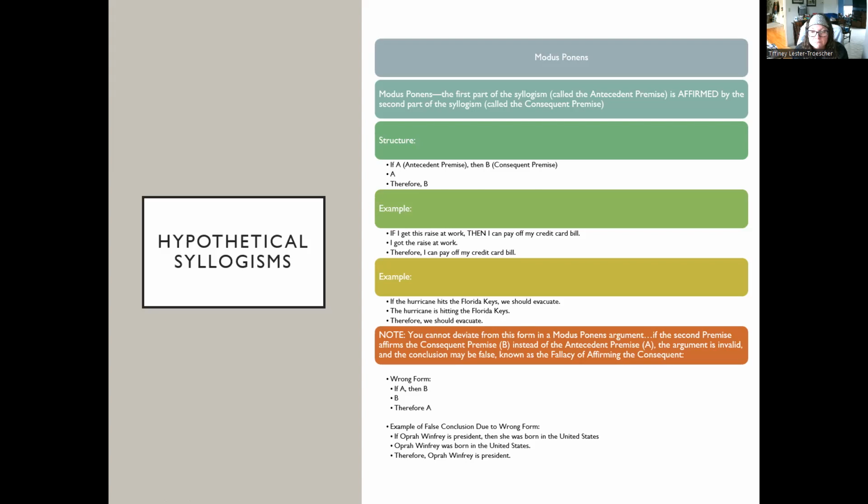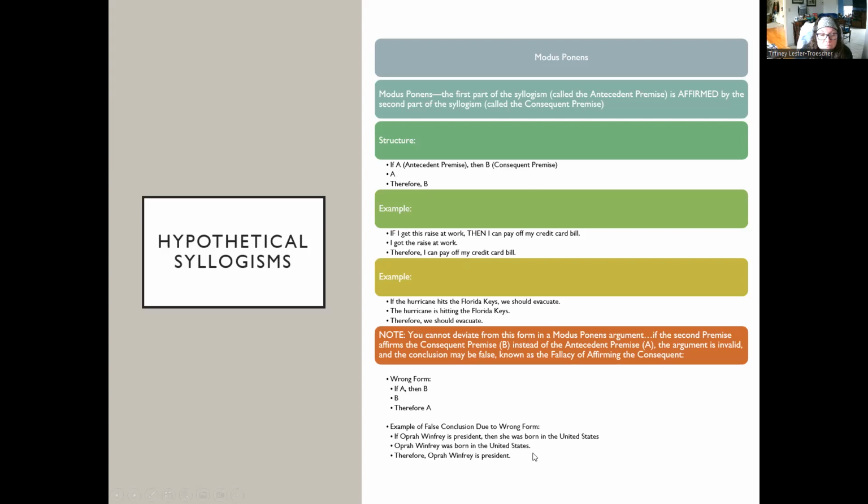Once the form is invalid, then you have what's called the fallacy of affirming the consequence. So you cannot say, if A, then B, B, therefore A. It has to be this form up here, right? You can't say, if Oprah Winfrey is president, then she was born in the United States. Oprah Winfrey was born in the United States.